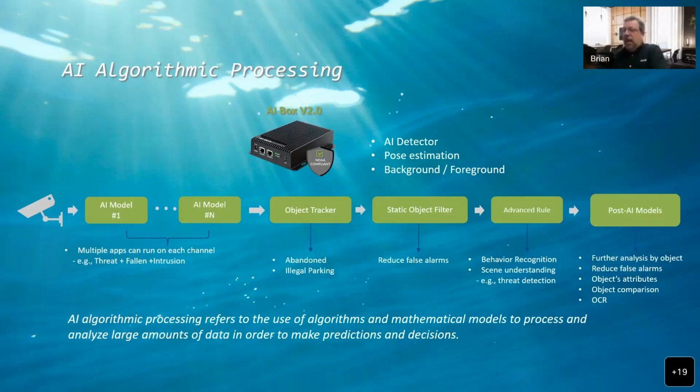Now, an object tracker kicks into place when a person comes onto screen. We're assuming the AI is looking for a person, not a vehicle. As that person goes through, it'll be determined, is it a person of interest? Is the person behaving in a way that warrants interest? We apply advanced rules, which is going to be the behavioral side of things.